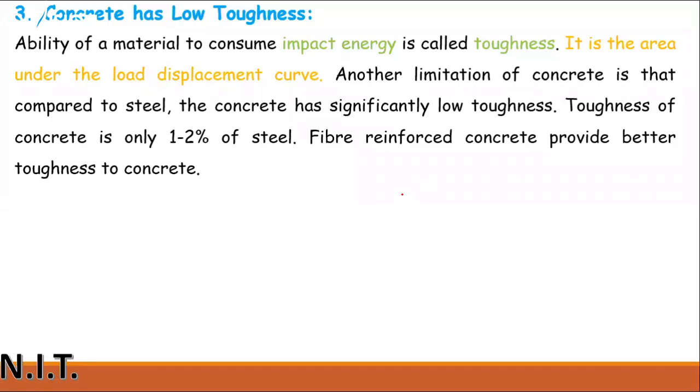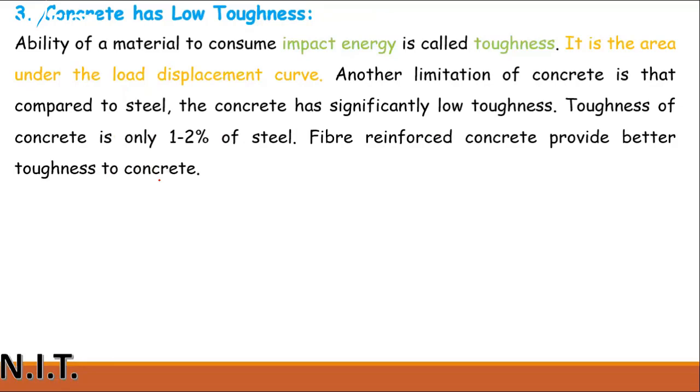So another limitation of concrete is that compared to steel, the concrete has significantly low toughness. The plain concrete will have low toughness. Toughness of concrete is only 1 to 2% of steel. Fiber reinforced concrete provides better toughness to the concrete.